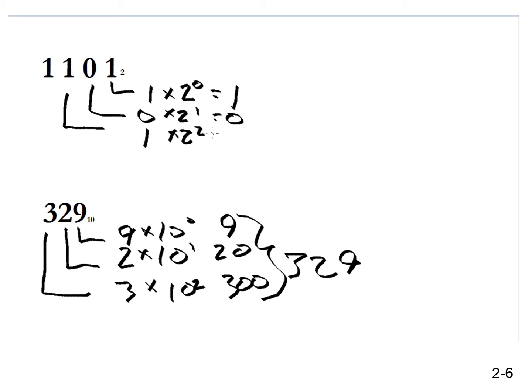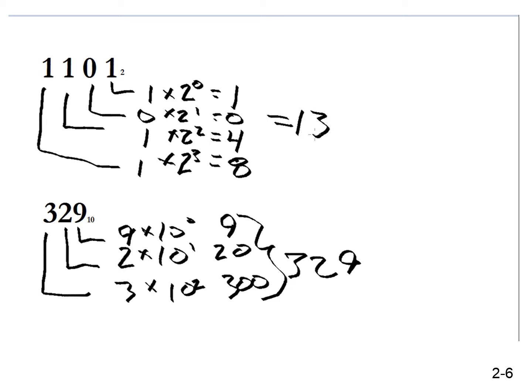What's 2 squared? 4. So we got 4. And then we've got 1 times what? 2 cubed. 2 times 2 times 2 is 8. It's pretty easy. 8, 12, 13. This number is 13 base 10.